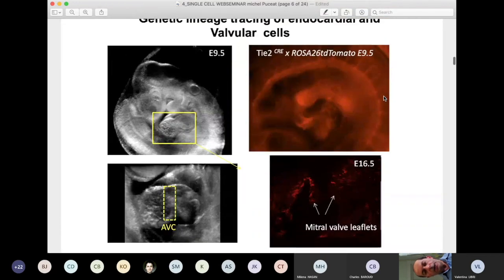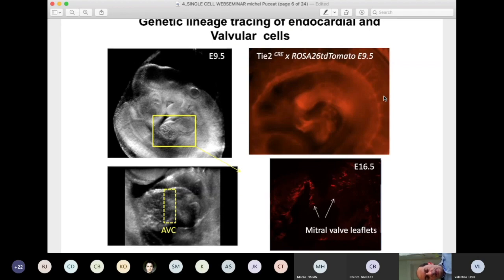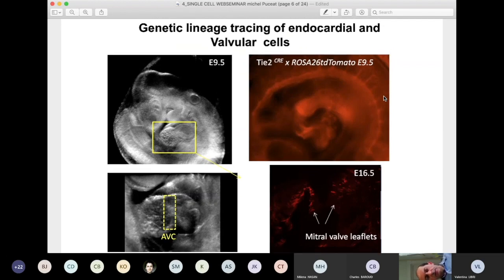So how can we study the formation of these valves during embryogenesis, and how can we use single cell sequencing to learn about the first process of valve formation? We use genetic lineage tracing to be able to track the endocardial cells and later the valvular cells.